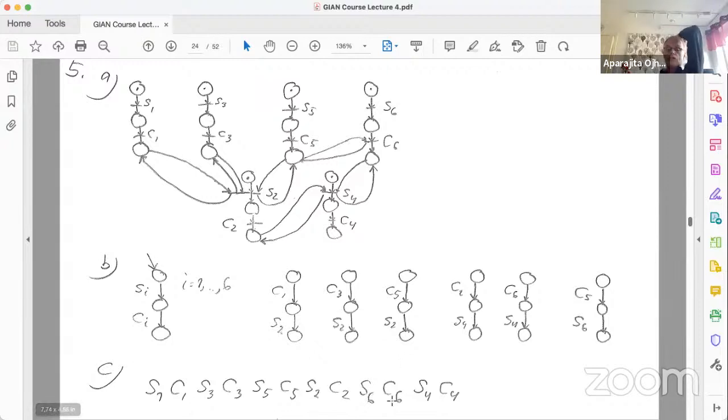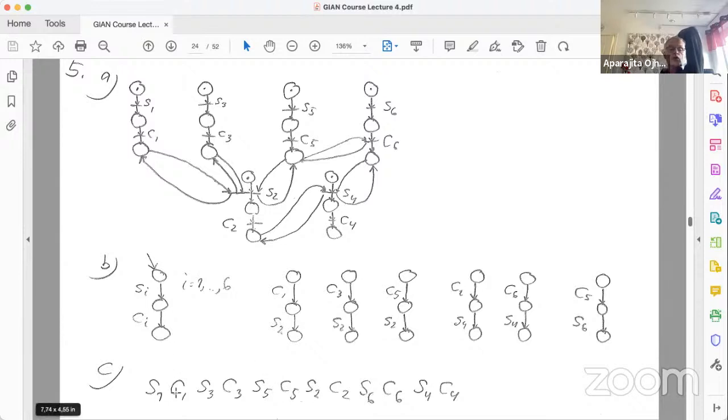But this is not the only solution. This is not the only possible sequence. For instance, you can start all three of these operations, S1, S3, and S5, at the same time or in any arbitrary order. And then when these are completed, C1, C3, and C5, you can start S2.